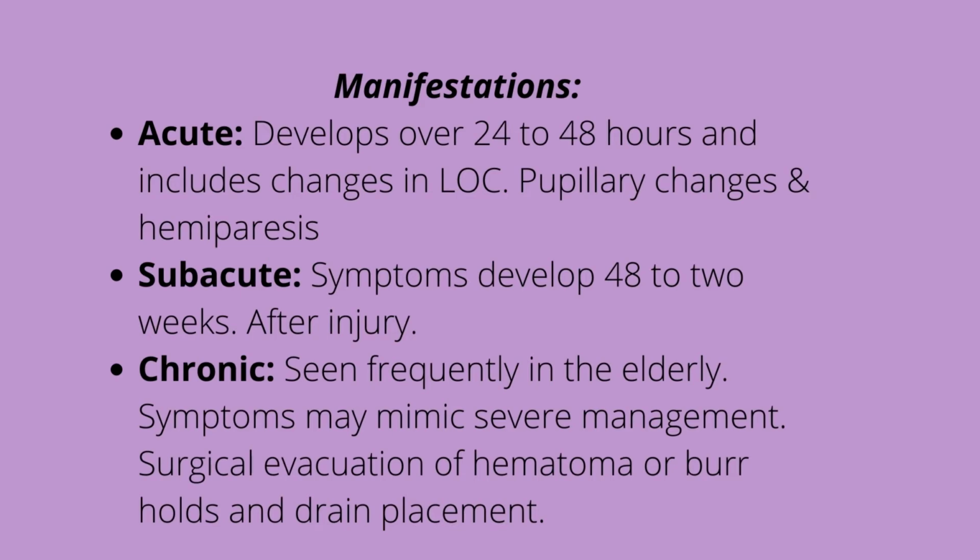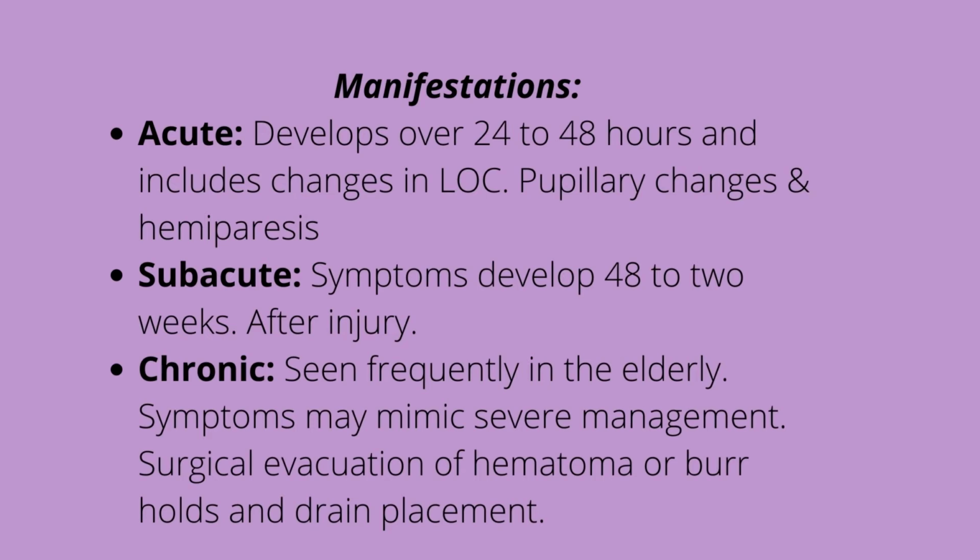Subacute symptoms develop between 48 hours to 2 weeks after the injury, right? This is the kind of patient who walks out of the emergency room because they look okay, and then they could succumb or get worse after they left because the bleeding is considered slow. And remember, with venous, we don't need carbon dioxide. We actually don't need it. It's a waste.